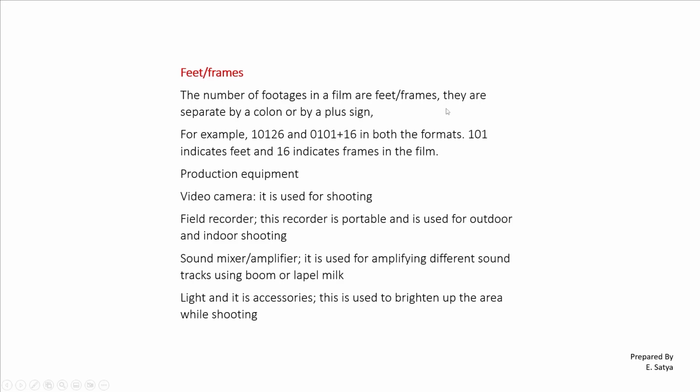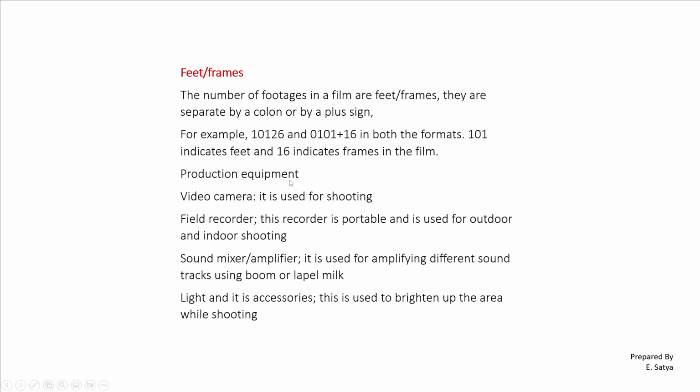They are separated by a colon or by a plus sign. See, for example, 101:16 and 0101+16 in both the formats. 101 indicates feet, and 16 indicates frames in the film.